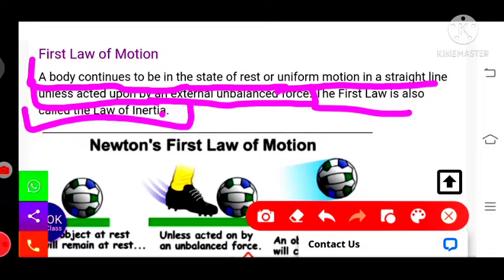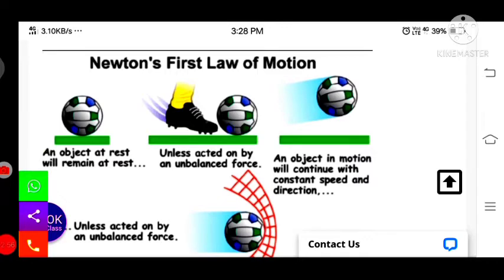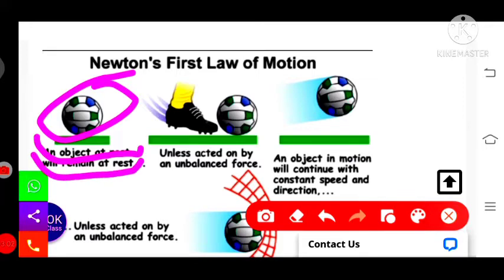if any body is continuously in a state, like if you are sitting or running, you continue in that state of rest or motion until or unless an external unbalanced force is applied on the object. Here an example is given: this is a football, an object at rest.